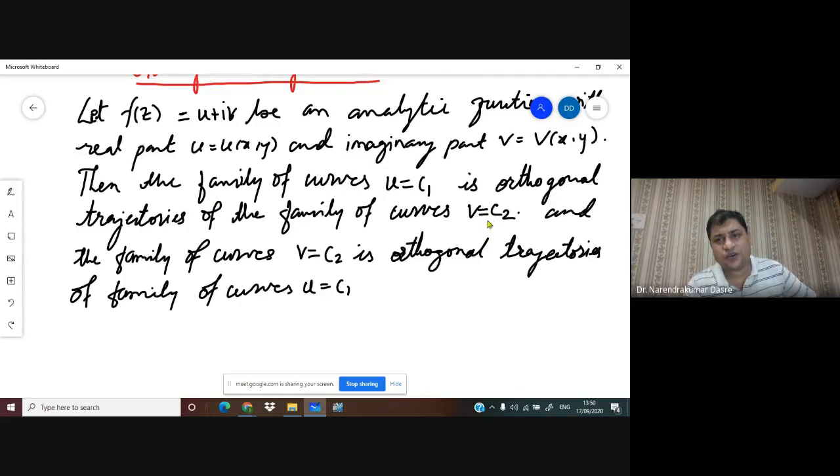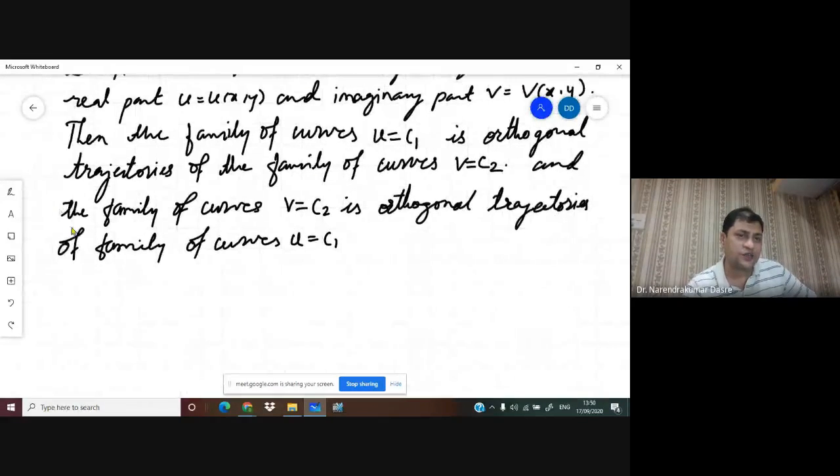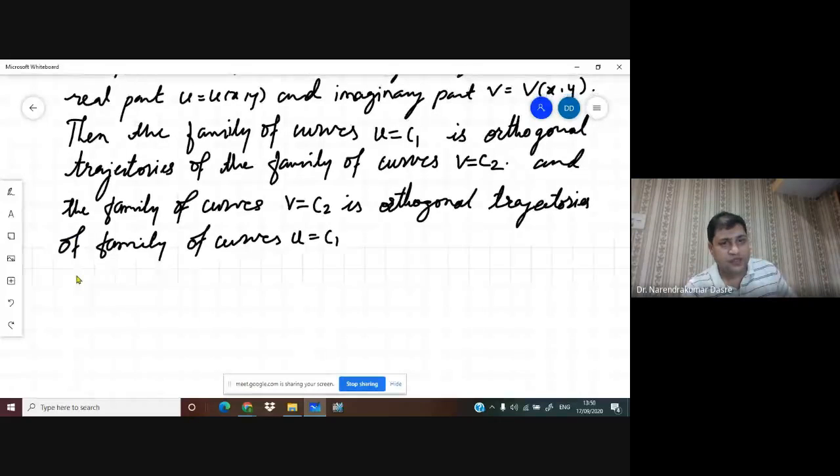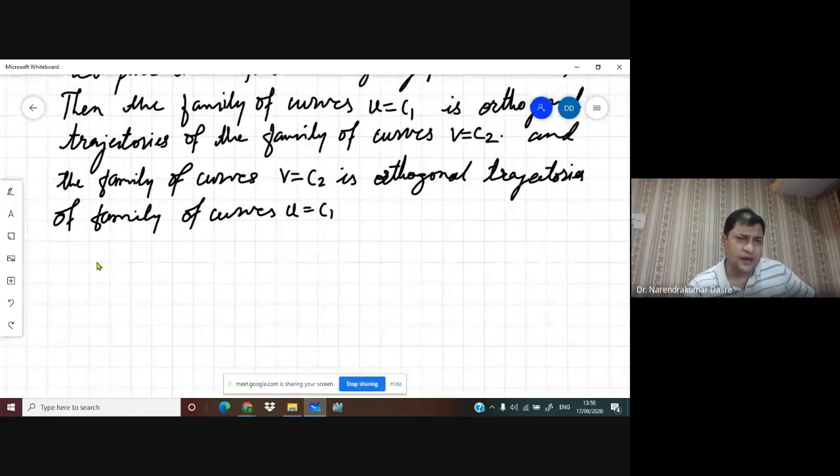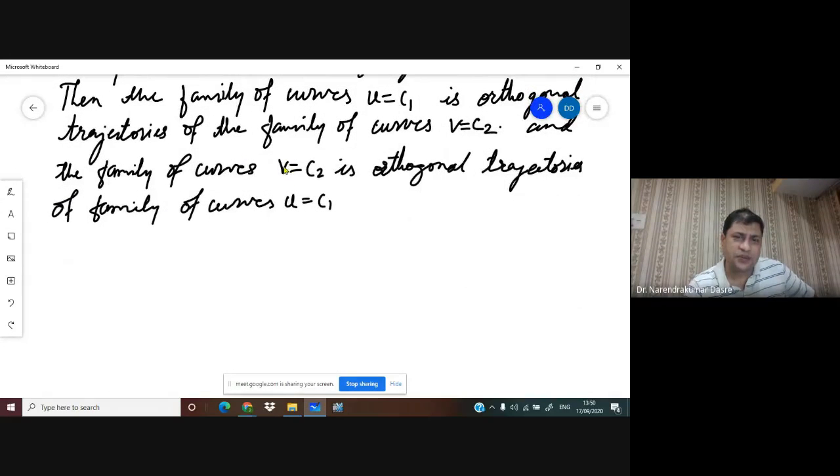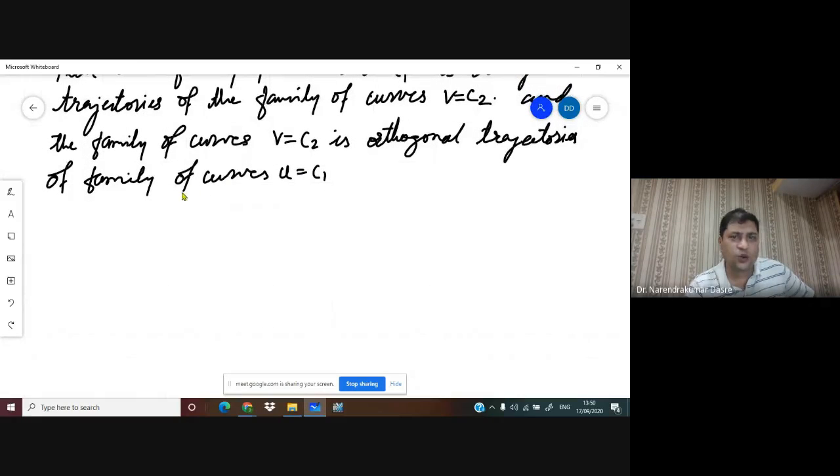And v is equal to c2 is another family of curves, and we are claiming that they are the orthogonal trajectories of each other. Okay, so I claim that they are orthogonal trajectories of each other. Then the question is how they will look, or what is the nature of them, or why we characterize them as the orthogonal trajectories of each other.